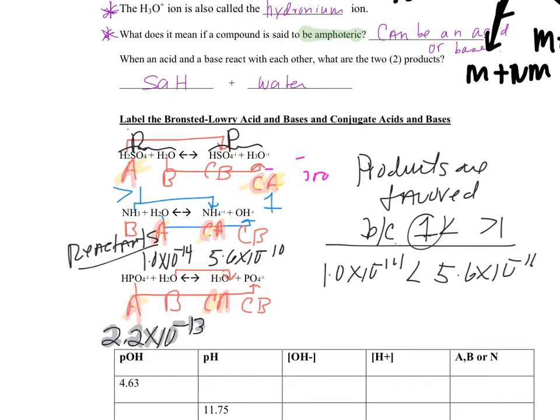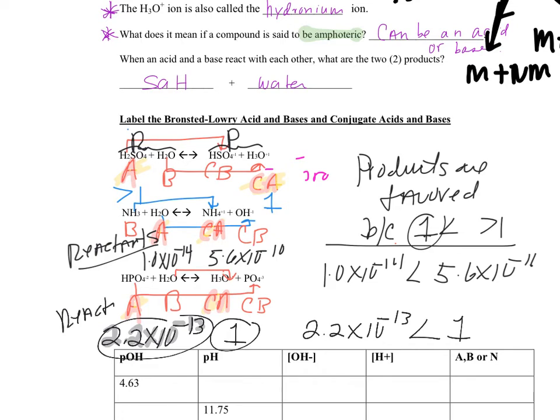And H3O+, we saw that in another problem, is going to have a value of 1. So these two numbers are dramatically different. We can see that 2.2 times 10 to the minus 13 is way smaller than 1. So therefore, the reactant side is favored in this problem as well.